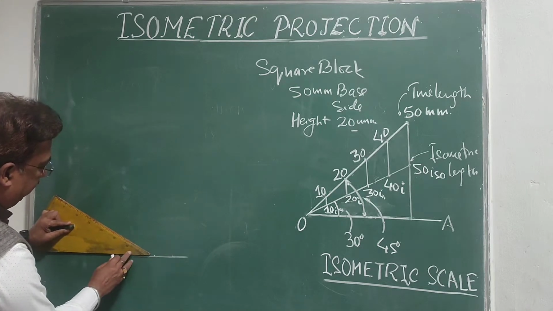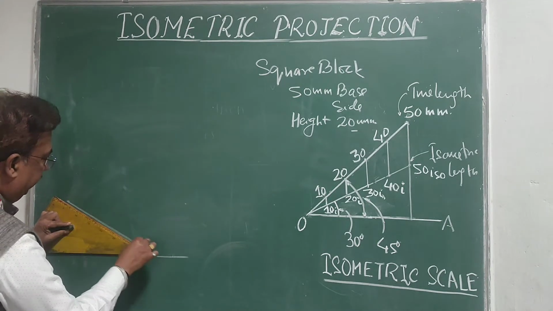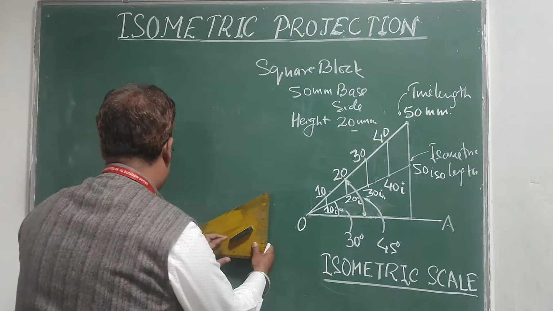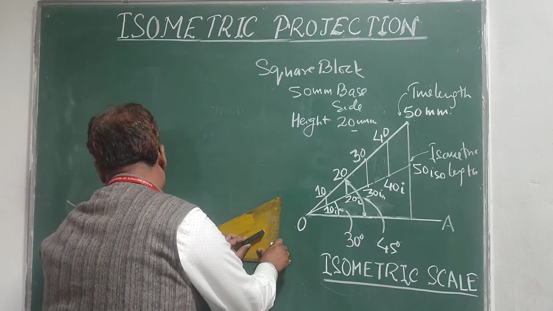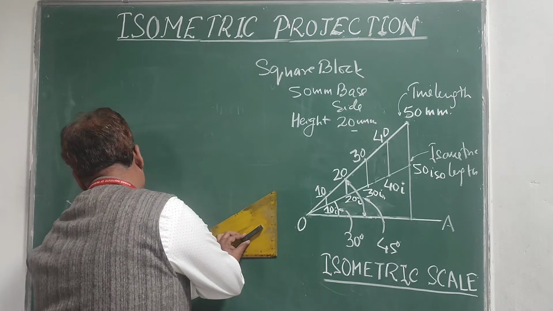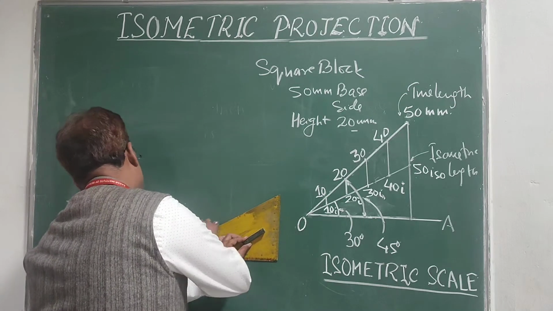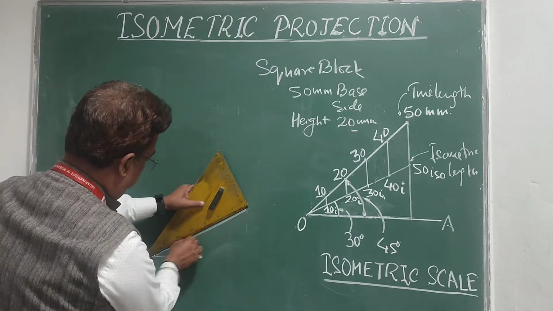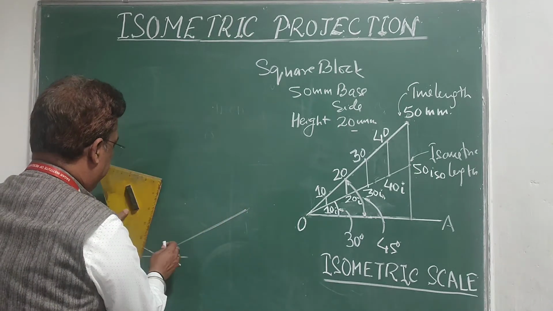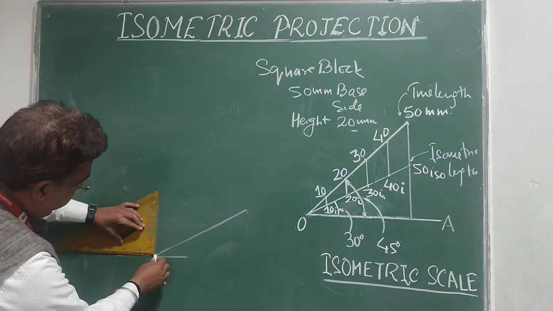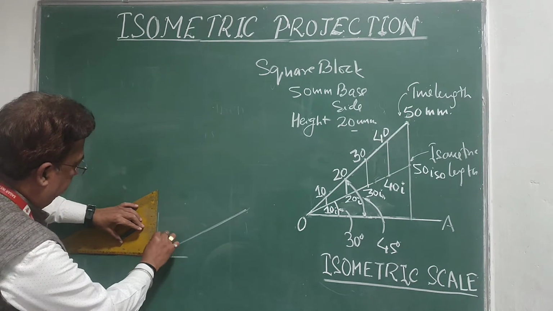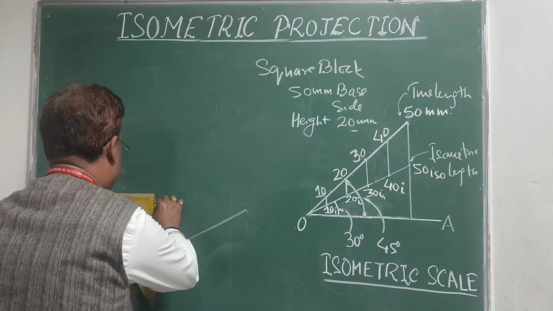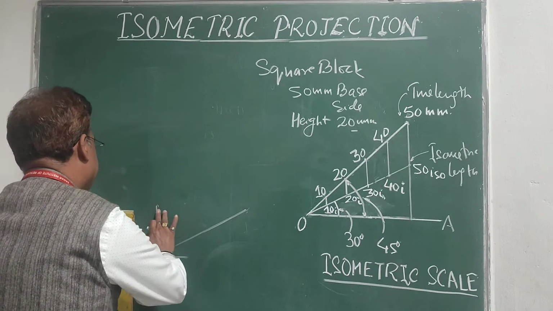So I will mark a line 30° inclined to the reference line and another line again inclined 30° to the horizontal. So two 30° lines, and the third line that will represent the height of the block, that will be the vertical line.